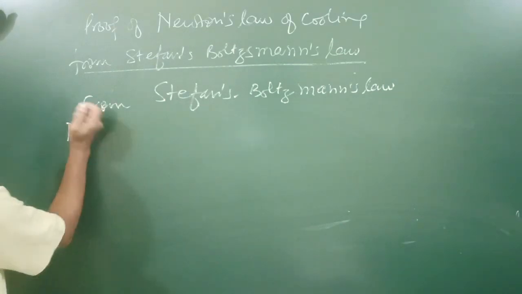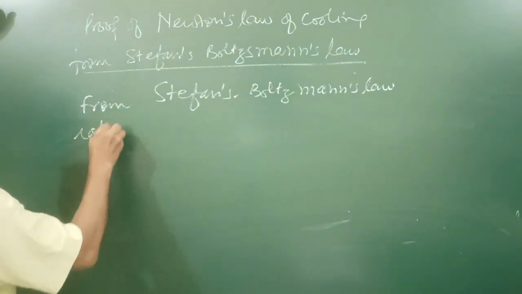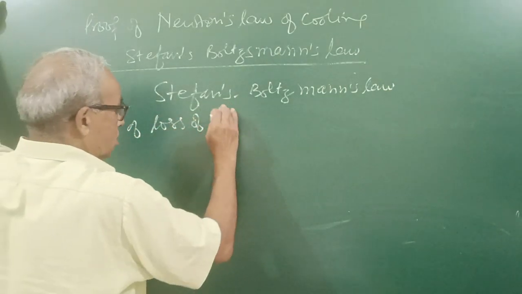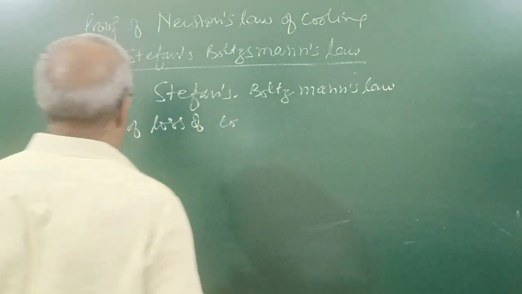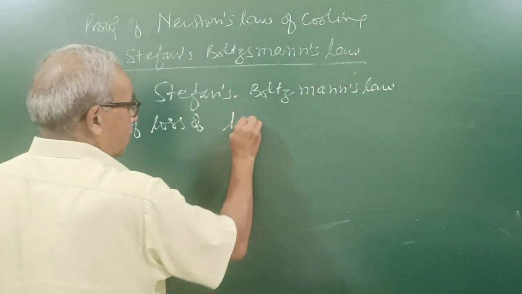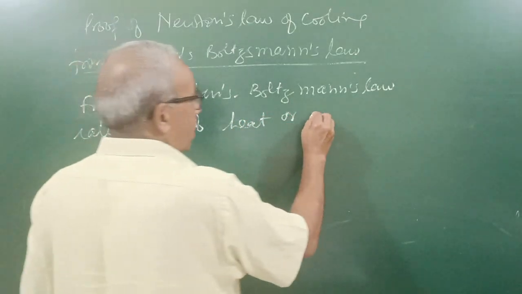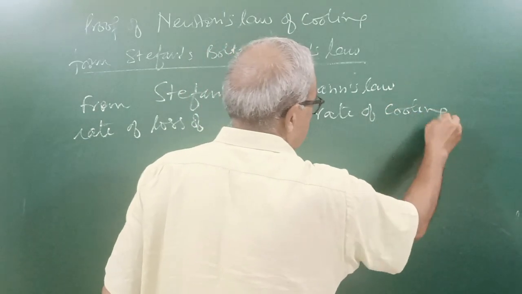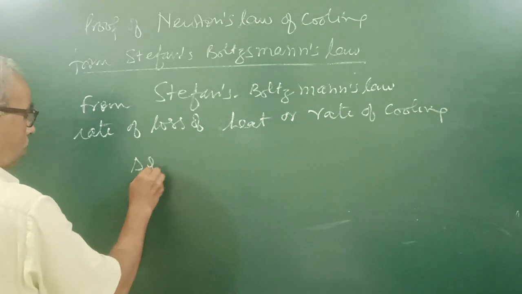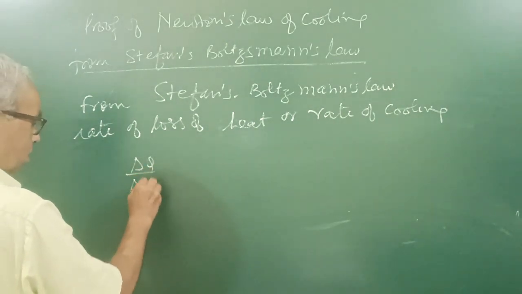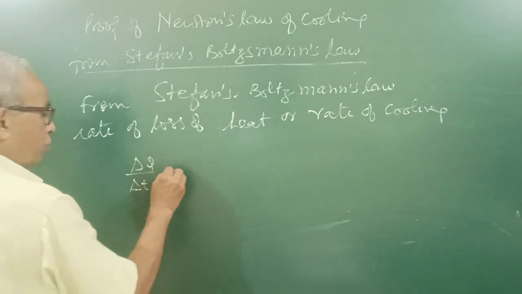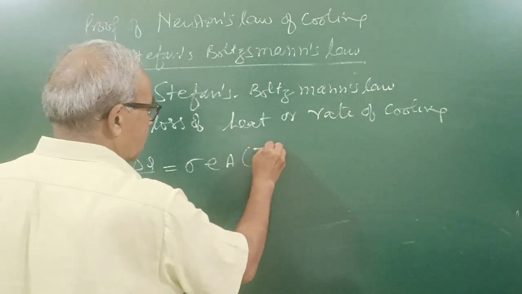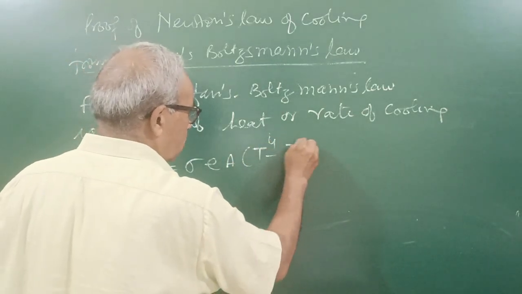Rate of loss of heat, or rate of cooling, delta Q upon delta t is equal to sigma E A (T to the power 4 minus T0 to the power 4).